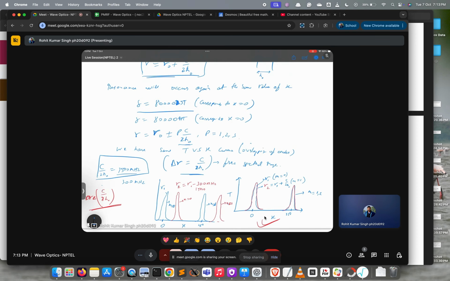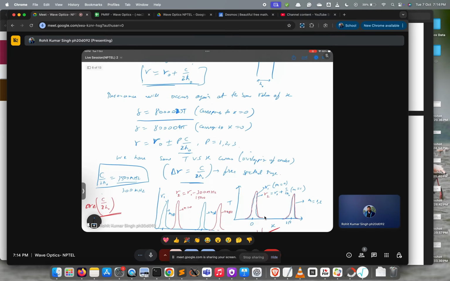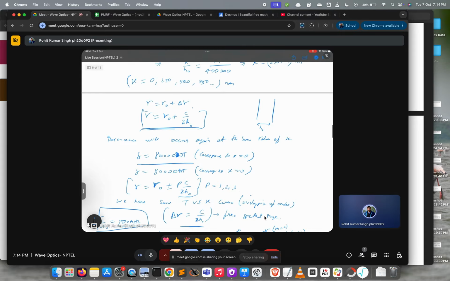You can calculate the distance x here, and then you can calculate the frequency of the light, both mu 1 and mu 2, using this formula.